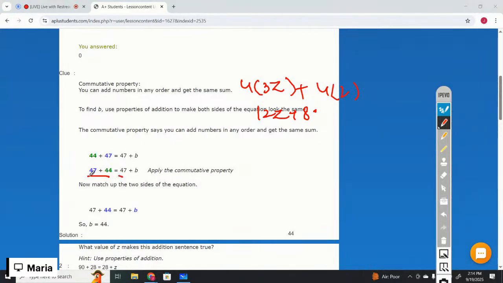Here you have 47, here you have 47. So B must be 44. So 47 plus 44 equals 47 plus 44. So B equals 44.